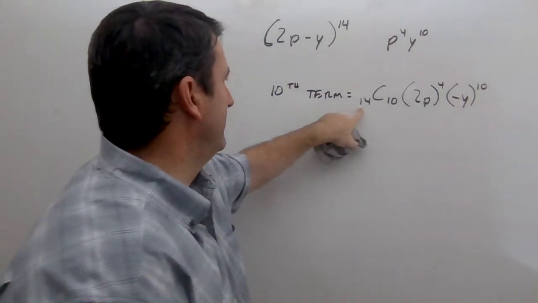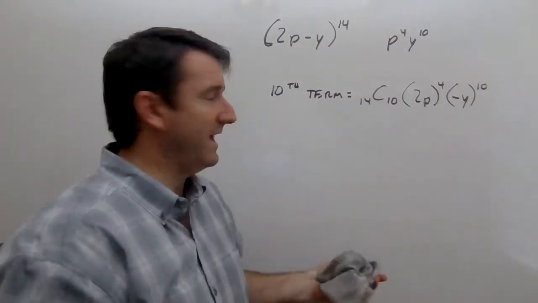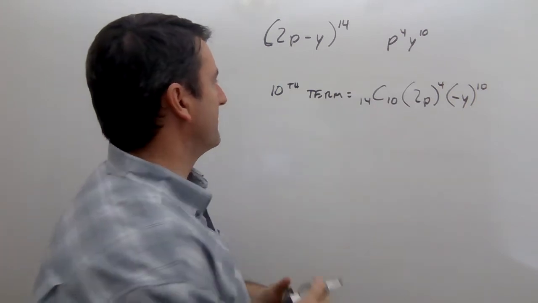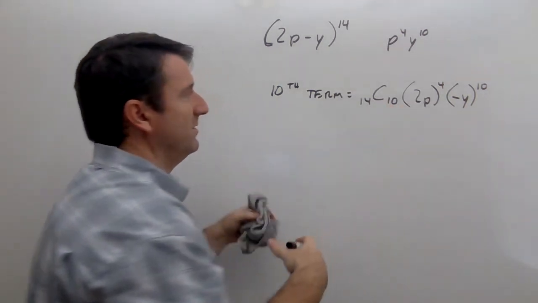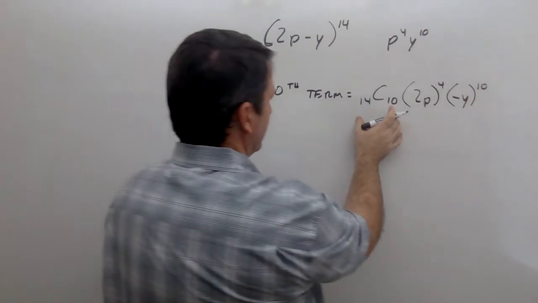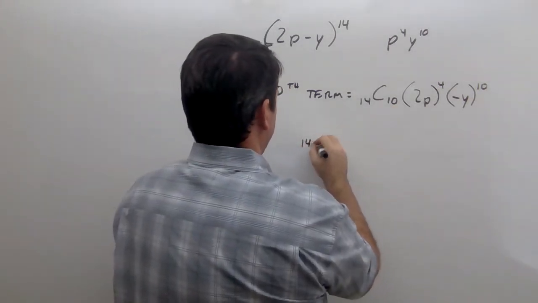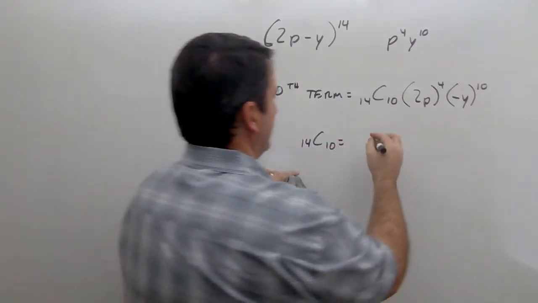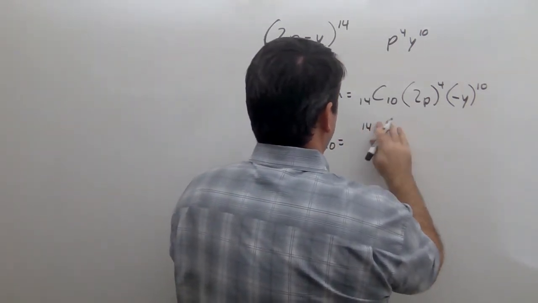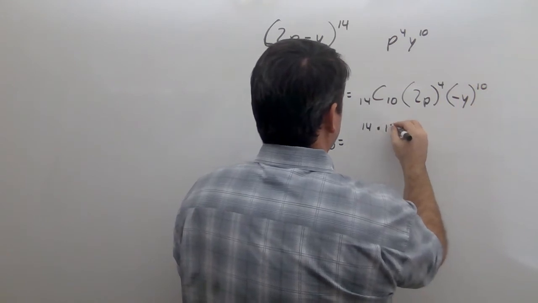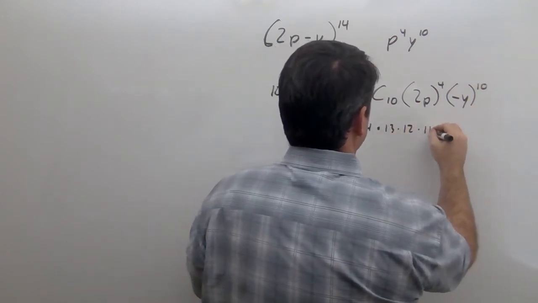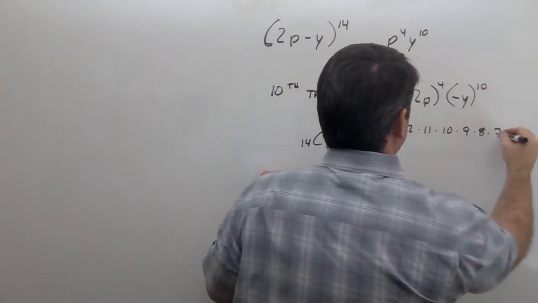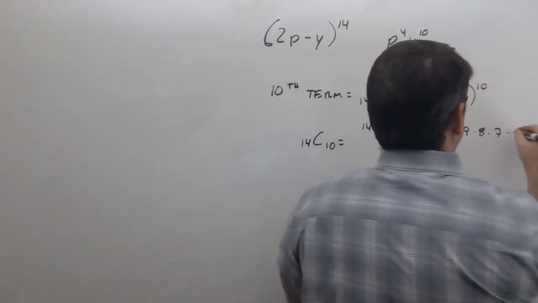So let's do this 14 choose 10. I don't have a calculator with me. You can just plug this into a calculator, but just to show you what's going on, I'm going to do this without a calculator. So 14 choose 10 is going to be equal to 14 factorial, which is 14 times 13 times 12 times 11 times 10 times 9 times 8 times 7 times 6.